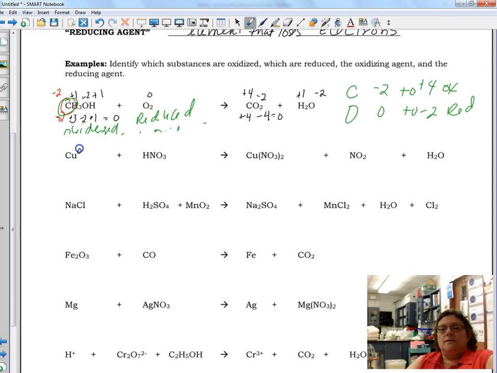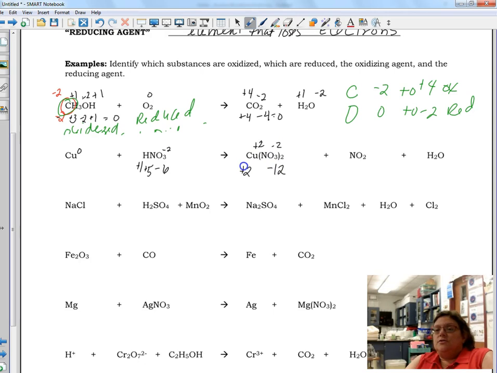Copper here is going to be 0, -2 for the oxygen, +1 for the hydrogen, which makes nitrogen a +5. Now copper's bonded to 2 nitrates. Each nitrate has a -1, so copper must be a +2. There are 6 oxygens, so there's 3 times 2 is 6, a total of -12.